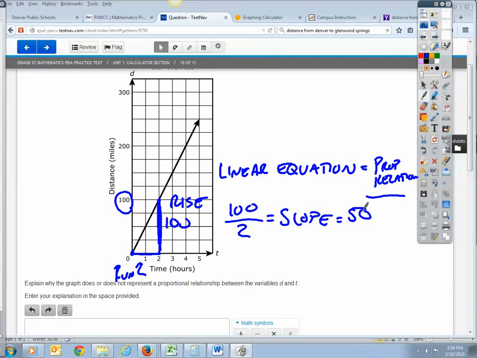Of course, I could also call that constant of proportionality, but write the whole thing out. And so I know this is a proportional relationship between d and t because for every 1 of t, my d increases by 50. And that's it. Last problem.